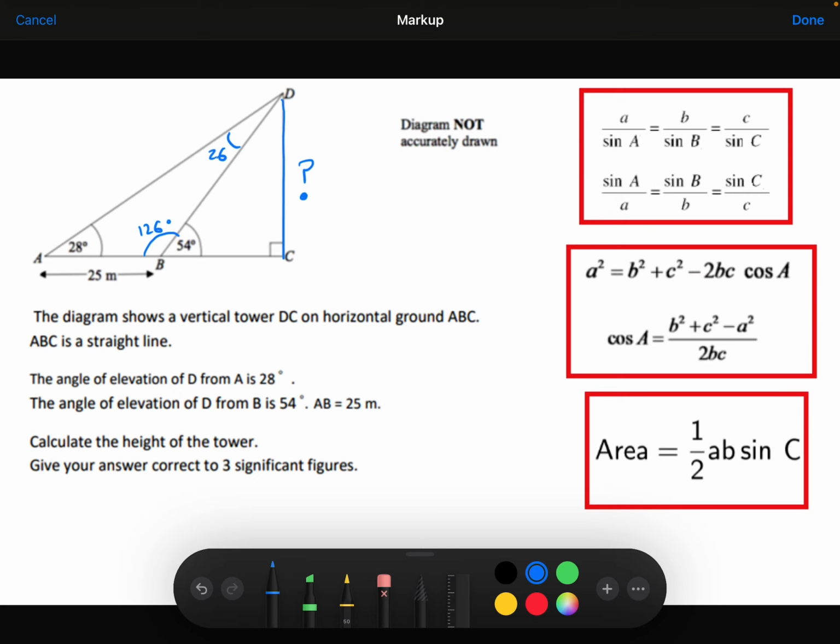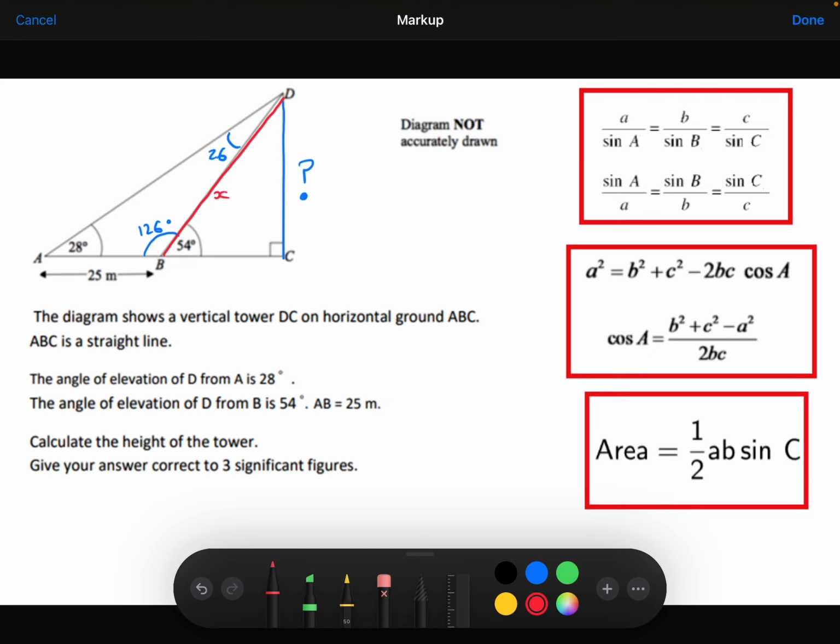Now, I've got a matching pair inside this triangle. So because I've got a matching pair inside this triangle, I could use the sine rule to work out the length BD.